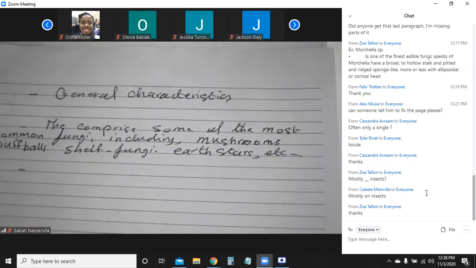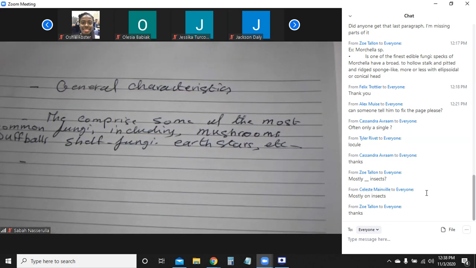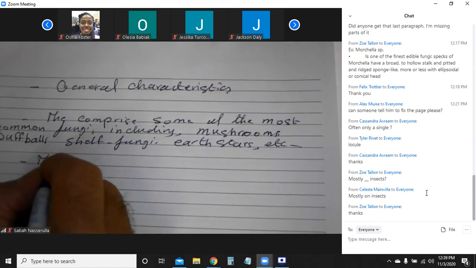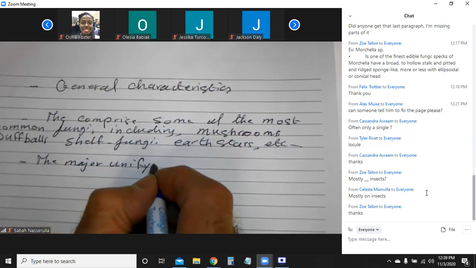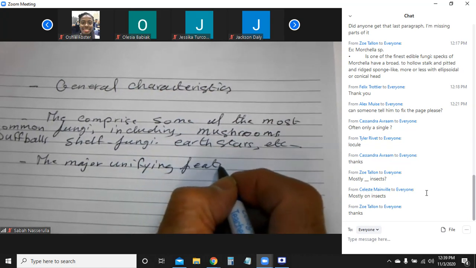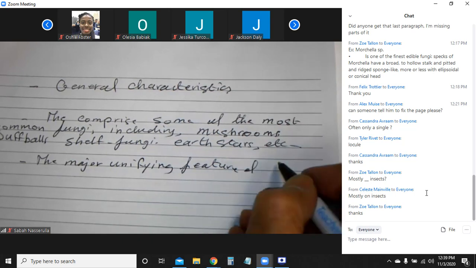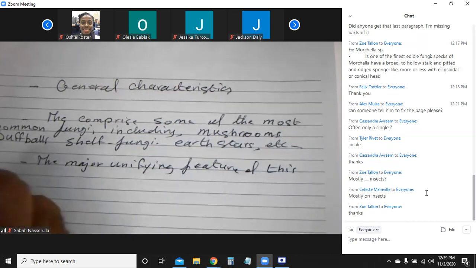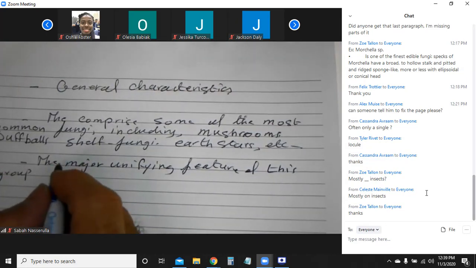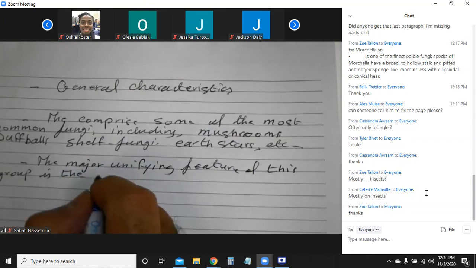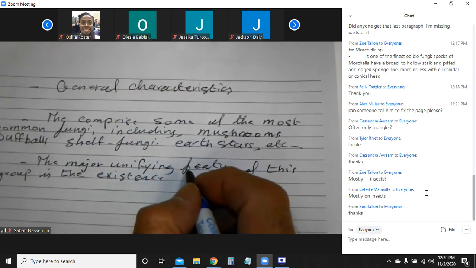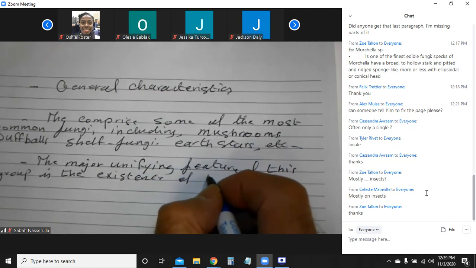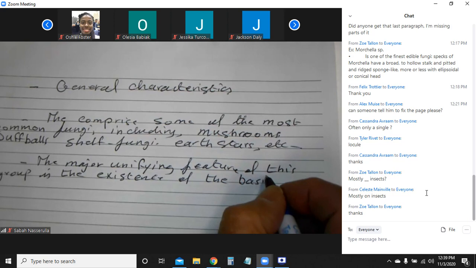Now, the other characteristic, the major unifying feature of this entire group, is the existence of the basidia as the base cell.